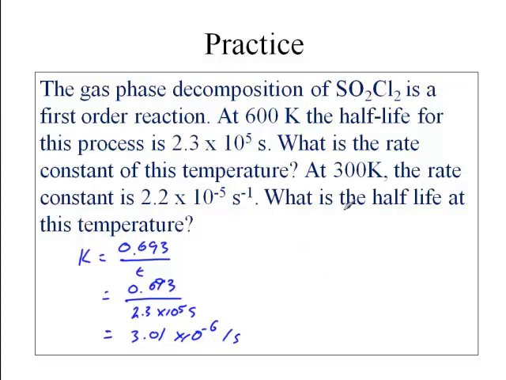The next question says at 300 the rate constant is given, and asks what's the half-life. So now we're doing time equals 0.693 over K, which is this number right here. Wait a minute, does that make any sense?